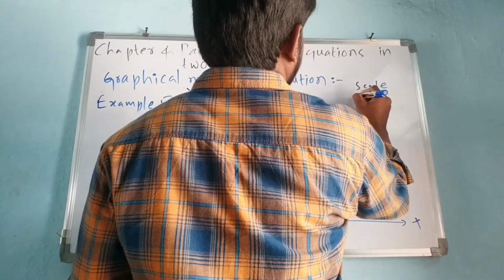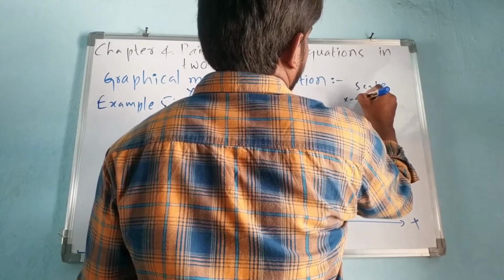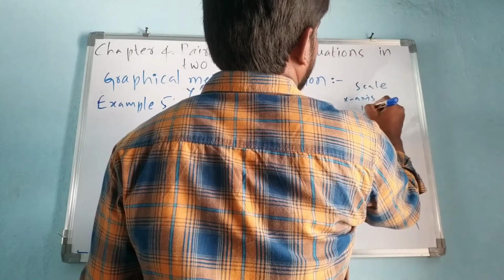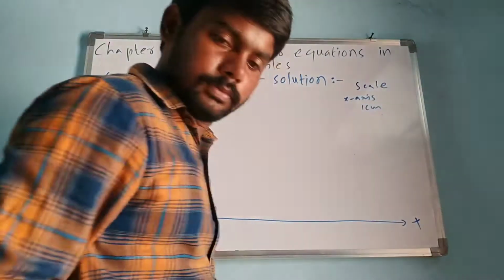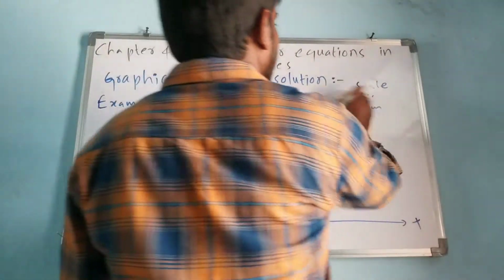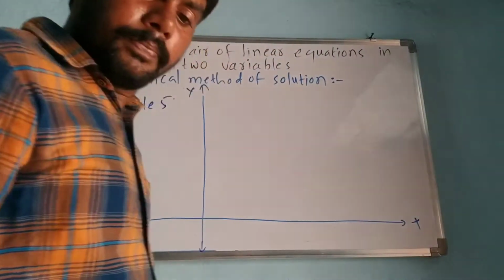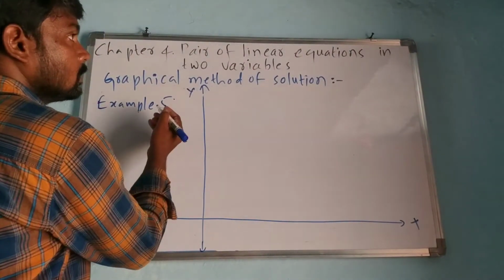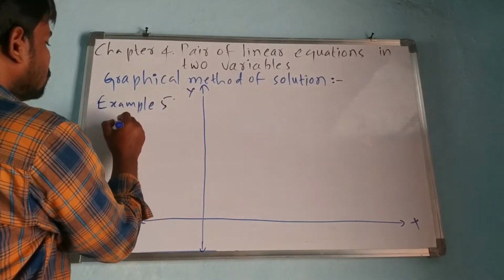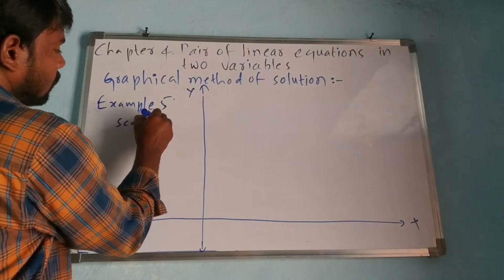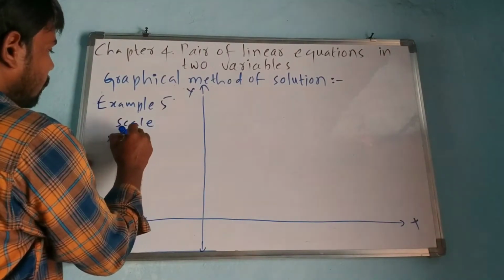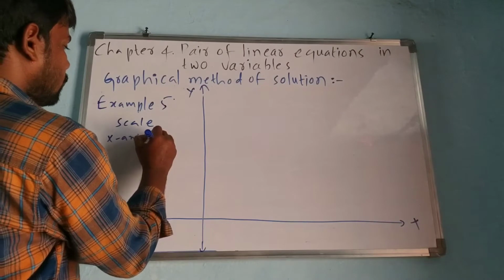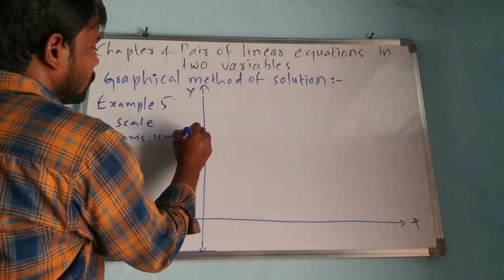the x-axis 1 centimeter. So I am writing the scale here, on the left side of the board. Scale: x-axis 1 centimeter is 1 unit.